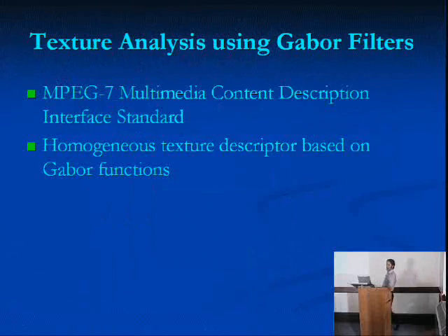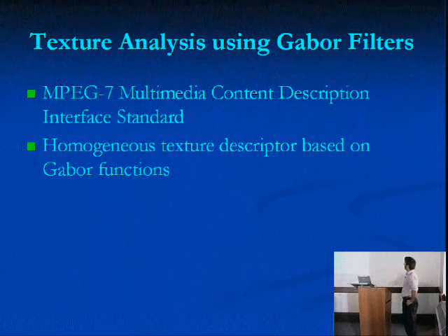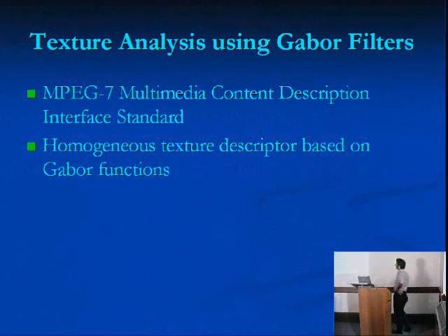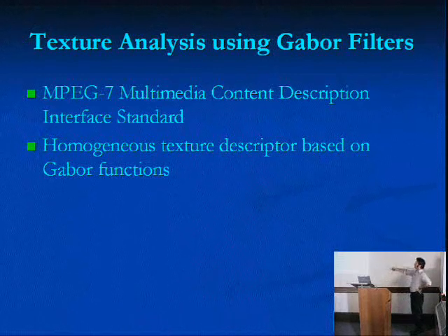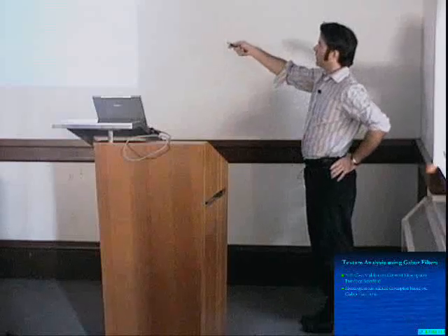And then one last little step. A few years ago, the MPEG-7 multimedia content description interface standard was created, which, unlike the previous MPEGs that dealt with video coding, deals with standardizing content descriptors such as texture, color, shape, and so on for multimedia, for images and video.